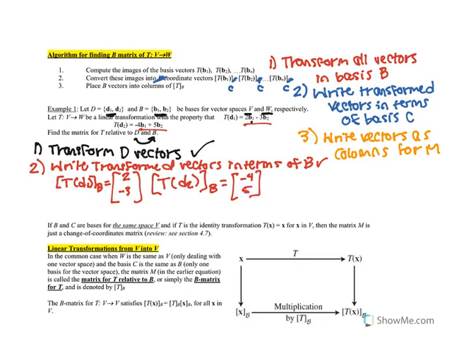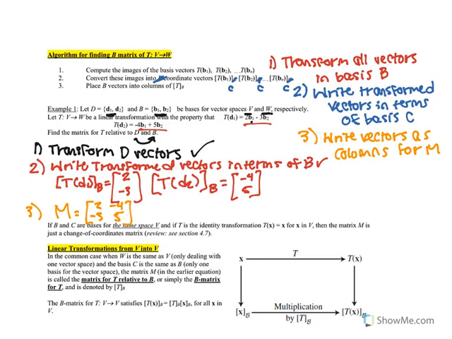All that's left to do, step 3, is make those columns. So my matrix transformation that will both do the transformation and change basis from D to B is 2, negative 3, negative 4, 5. That's it.